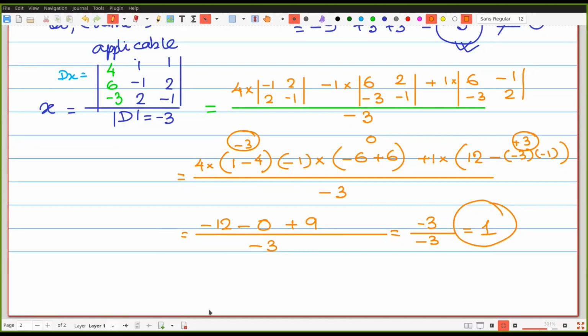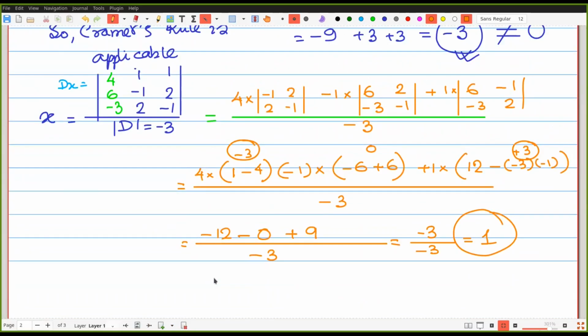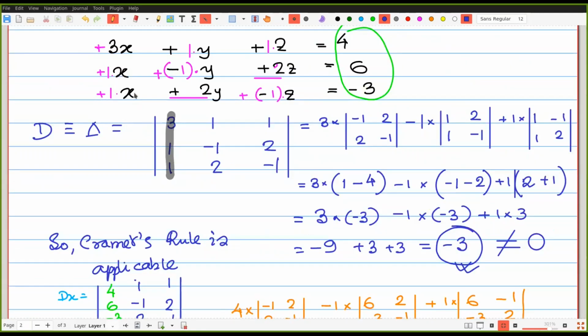So now the second one, for the y. Okay, so same as we are writing the y here, that is minus 3. Now the determinant, first column must be same, that means 3 1 1.